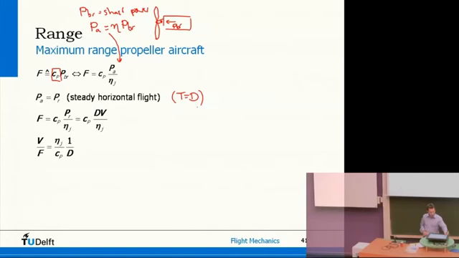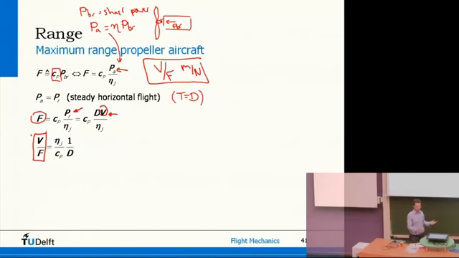So we have fuel flow here, we have airspeed, and remember, V over F, meters per newton, is what we try to maximize. So if we rewrite the equation, then we get V over F is this efficiency divided by this constant multiplied with 1 over the aerodynamic drag.